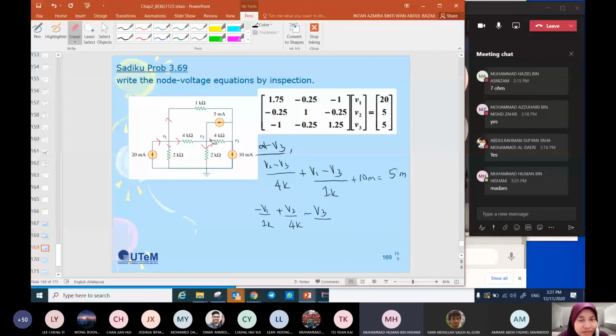Then from V3, there is current going outside to the left to the 4 kilo ohm resistor. But since I made the V2 node current go to the right, also towards the 4 kilo ohm resistor, is that allowed, madam?